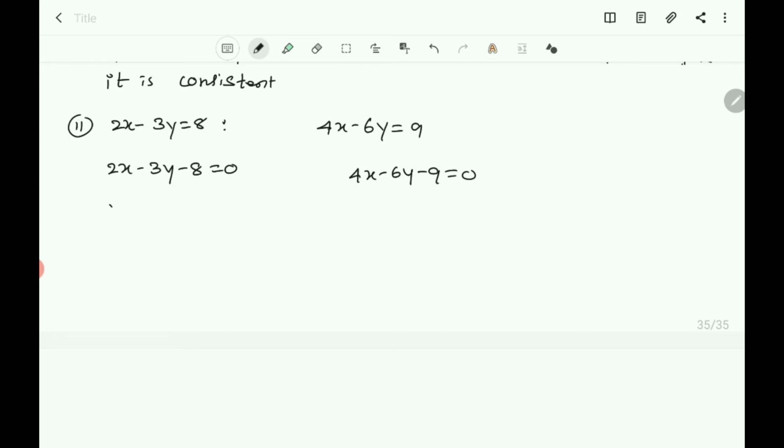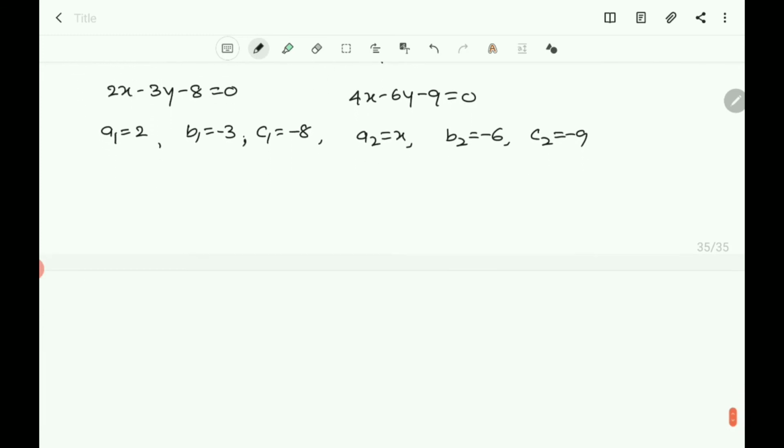And here you write a1 is the coefficient of x, that is 2. And b1 is the coefficient of y, that is minus 3. And c1 is minus 8. Next you take here a2 is 4, b2 is minus 6, c2 is minus 9.